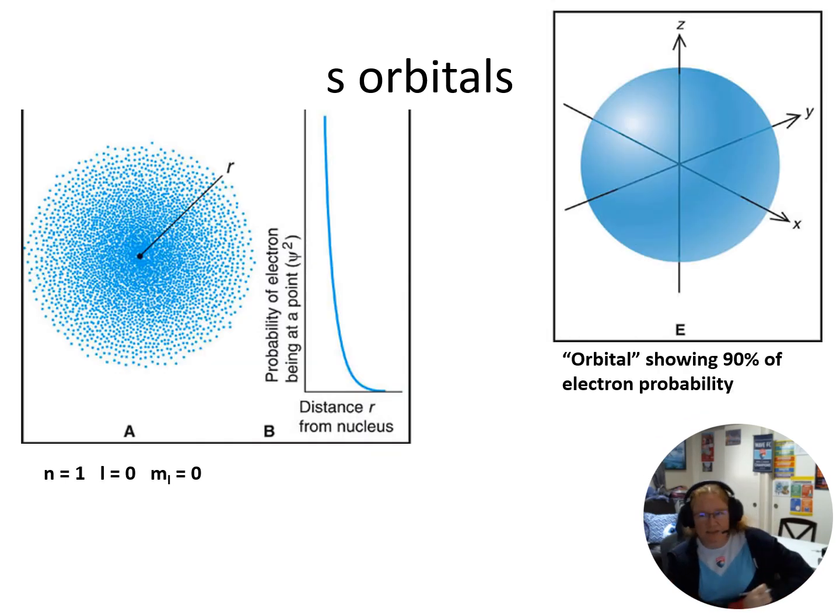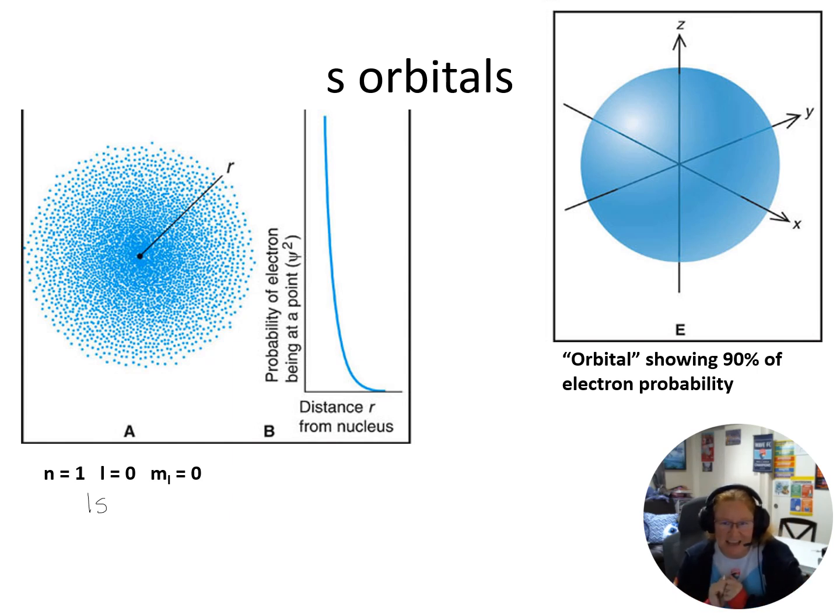And here we've got this probability density map. If I'm looking at a 1s orbital, my n equals 1, my l equals 0, and my m sub l equals 0. On the left side, you can see all these dots, and the closer together the dots are, the more likely we are to find an electron at that position.